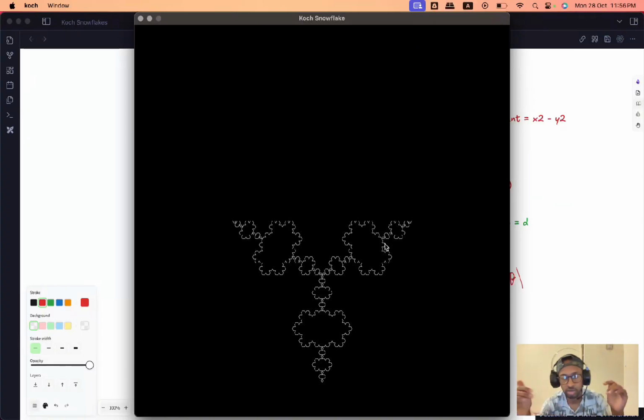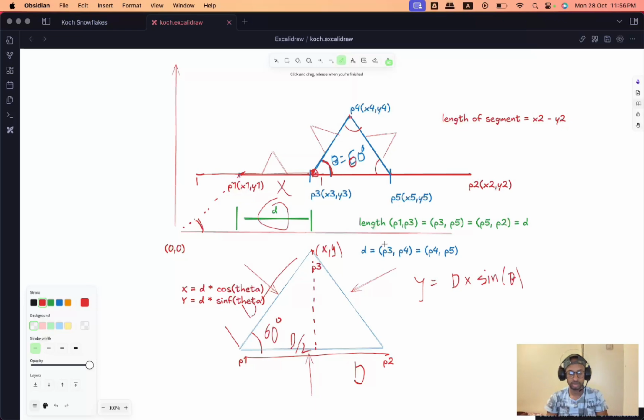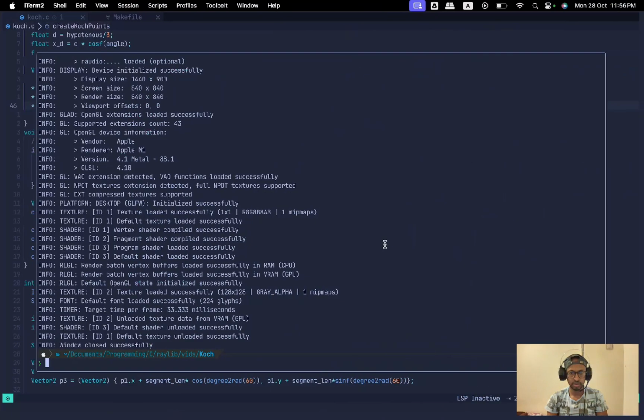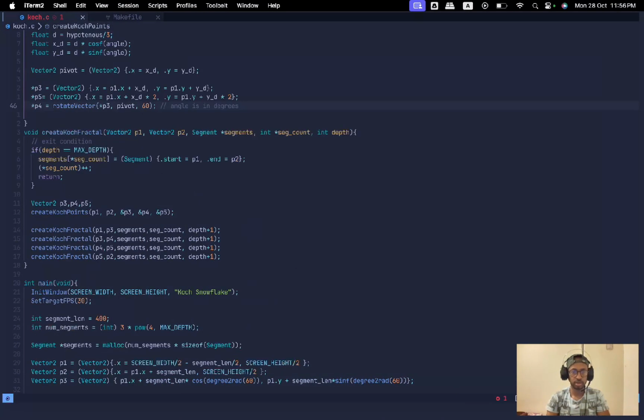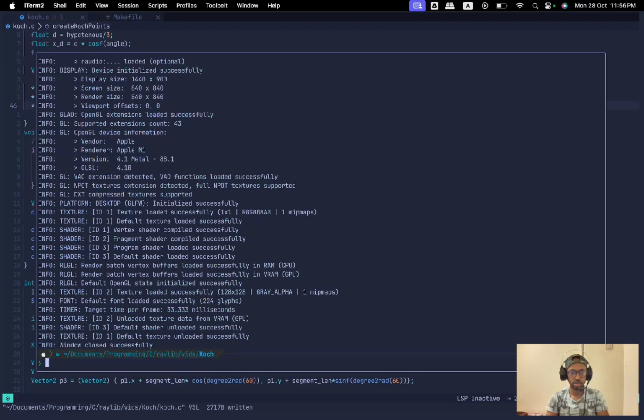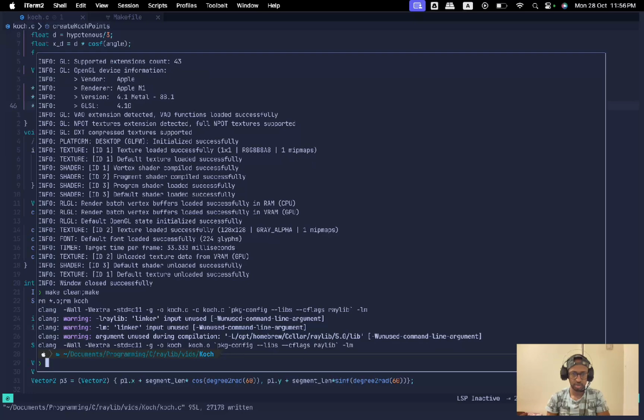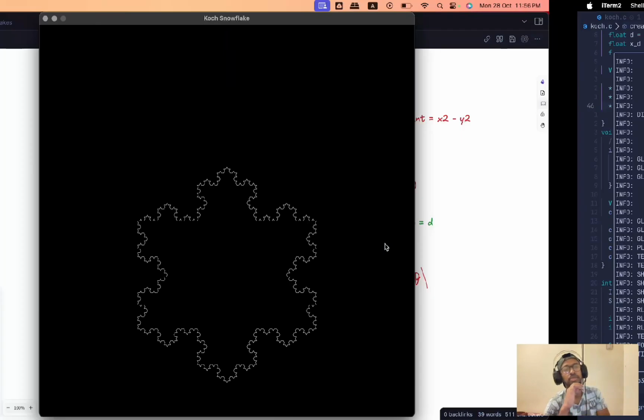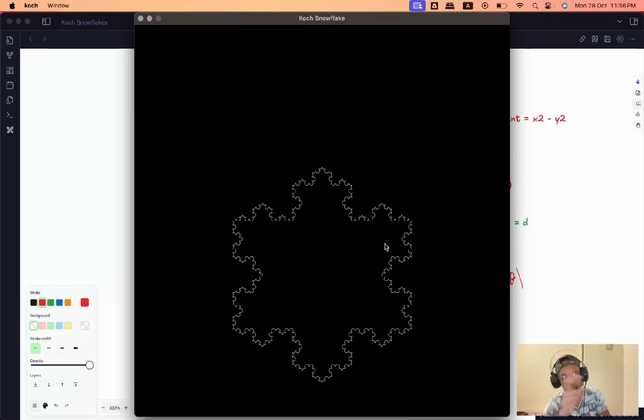The angles are now opposite. Let's make it 16. So these are the snowflakes, and the previous one are the anti-snowflakes.